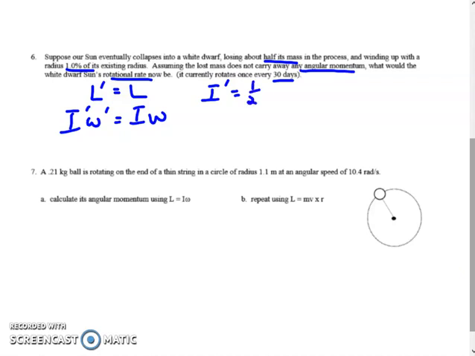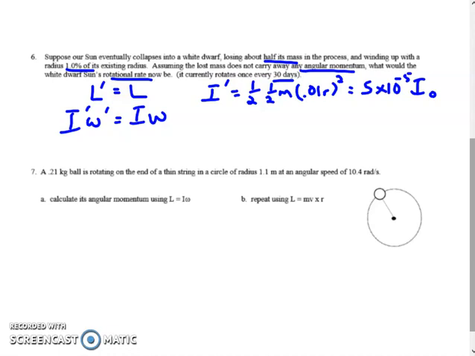The mass is going to be 1/2 the original because we've shed 50% of it, and then we go to a size that's 1% of the original. So that's 0.01 times r, quantity squared, and if we do the numbers, we basically get 5 times 10 to the negative 5 times the original. If the original is 1/2 m r squared, this is going to be 5 times 10 to the negative 5.